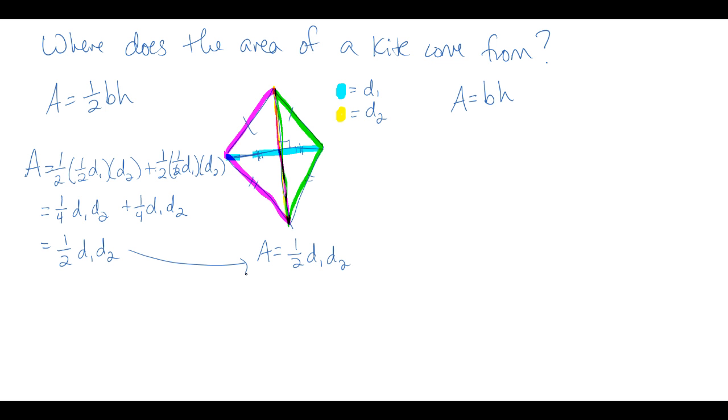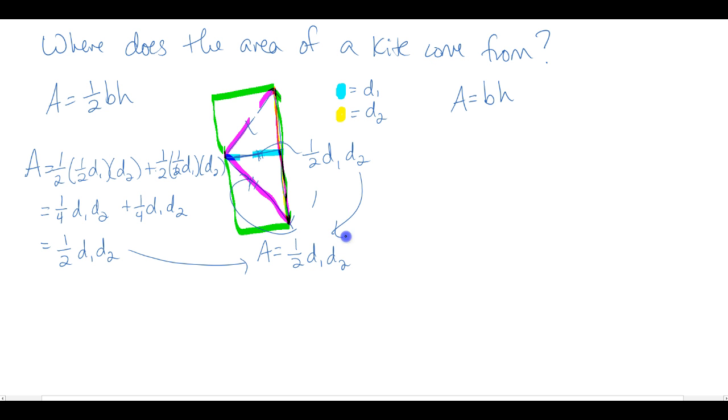Now let's look at the rectangle, or parallelogram I should say. So let's say I take the green triangle apart and I flip this piece over here and I rotate that piece over there. Now we simply have a rectangle with a height of half the blue, so half diagonal 1, and still a length of diagonal 2.